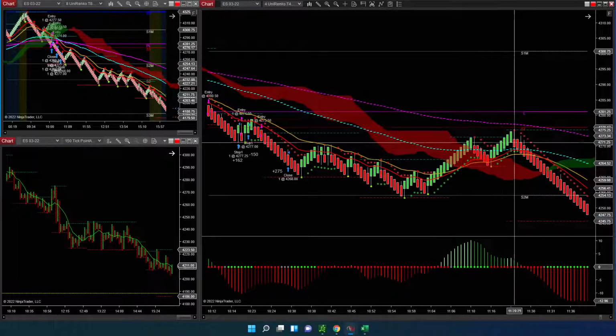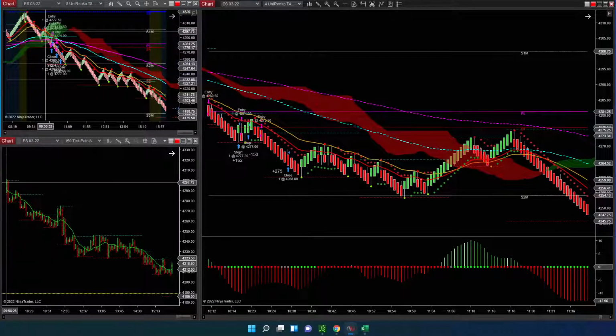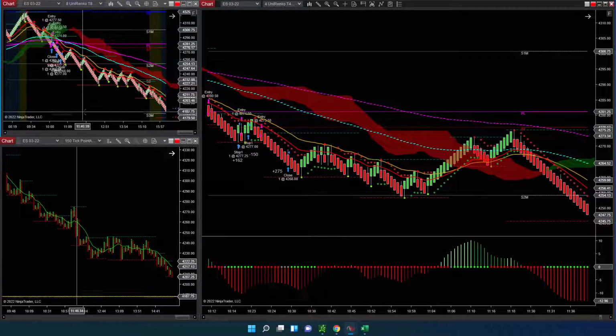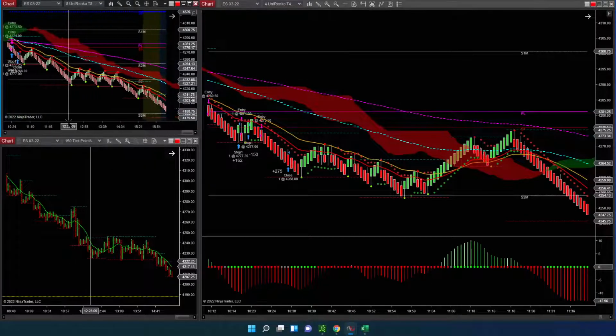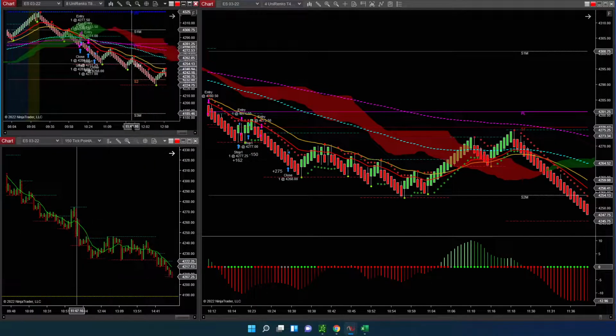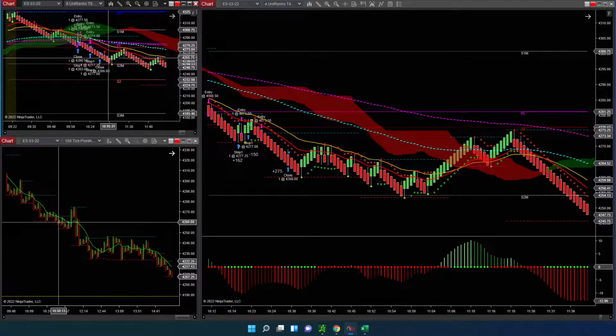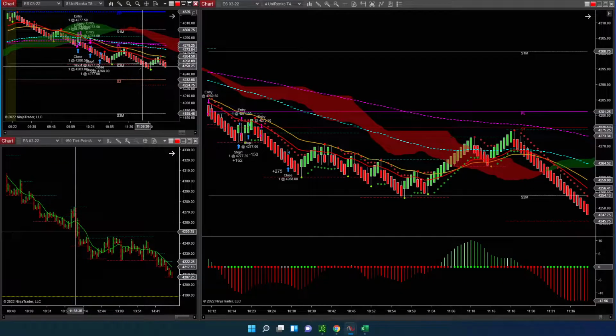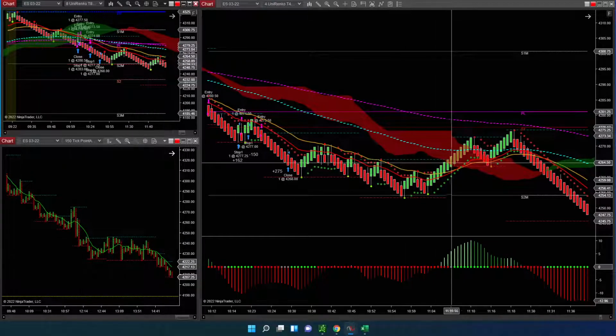Some choppiness here, came back up, and you see, in this bar is where I did all the trades. I'm looking at the anchor chart right here. This is where I did the trades, and then it started to retrace back up, and then it kept moving down in this nice move as well.